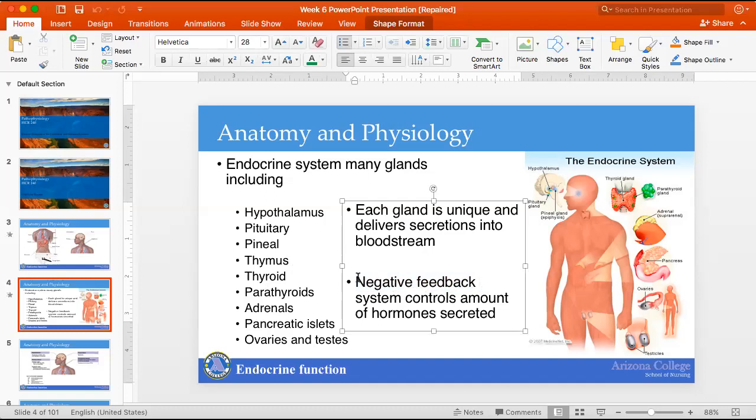A simple example of this would be if we're outside on a really hot day and we've been running, we've been exercising. Our body temperature is going to be really warm, so there are things that need to happen in order for us to cool ourselves down.